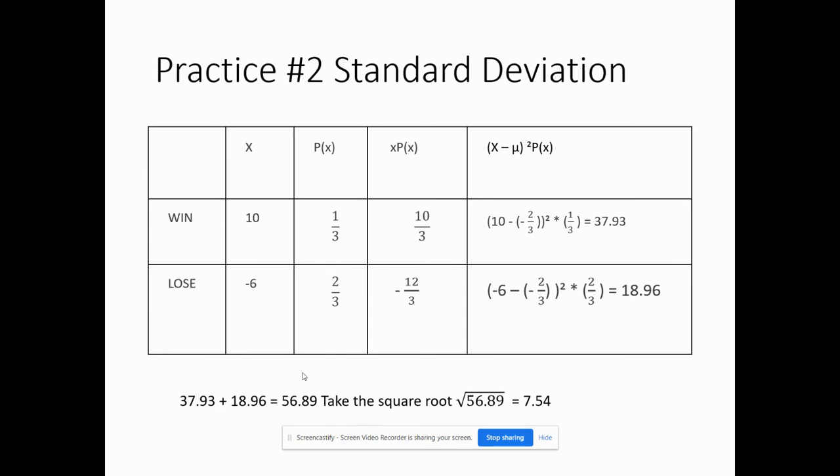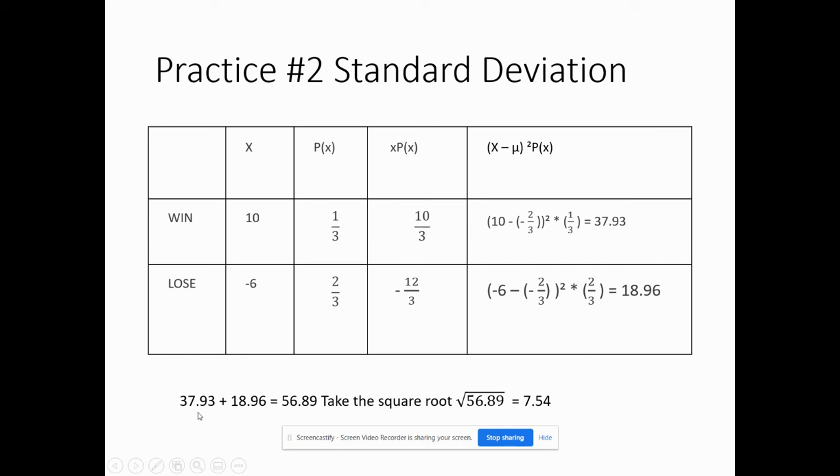So here's how I did my standard deviation, okay? Again, so 10 minus my mean, which was negative 2 over 3, squared times the p of x gives me 37.93. So when I lose, it's negative 6 minus negative 2 over 3 squared times 2 over 3 equals 18.96.